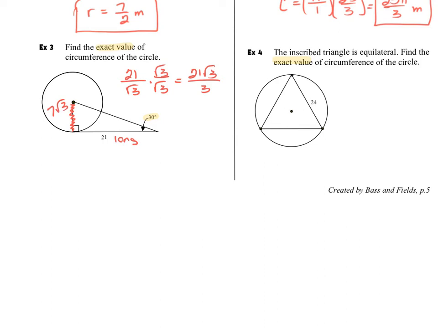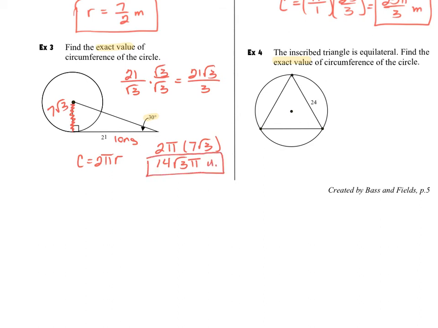So my circumference, I'm given the radius, so I'm going to work with the 2 pi r. So I'm going to have 2 times the pi and my radius of 7 radical 3. So when I write that final answer, I'm going to write 14 radical 3 pi, and I'm going to put a u on there for units because I don't know what this is being measured in.